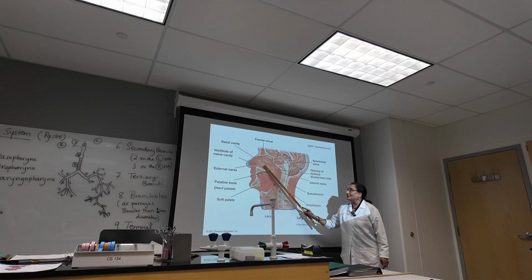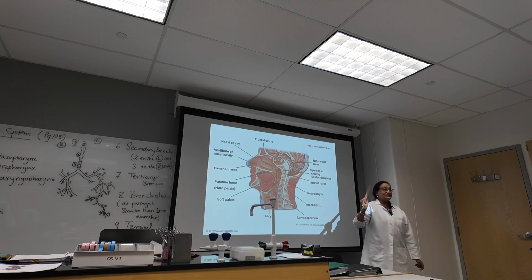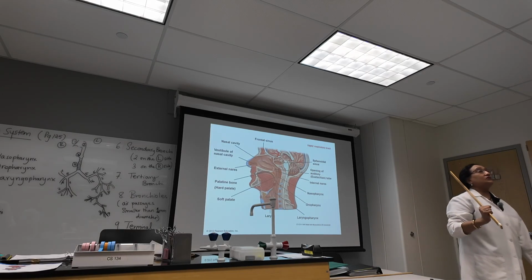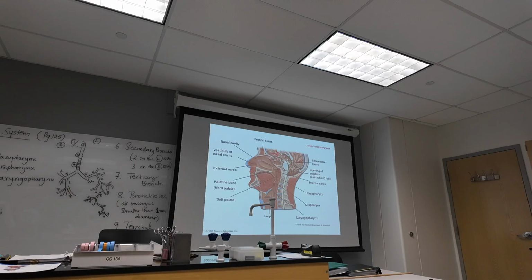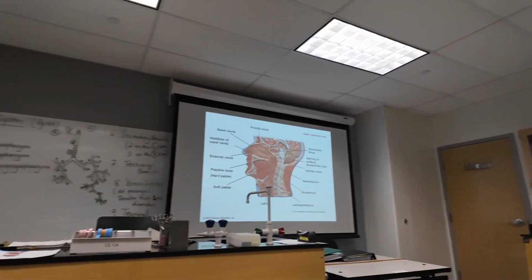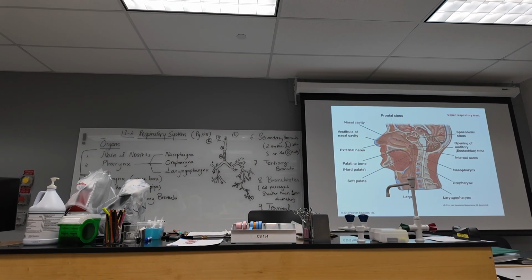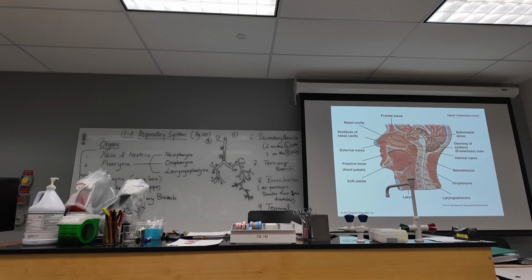No time for that. Okay, what is the function of the nose? It's the first passageway. Warm the air and also add moisture to it. The lining of the nose is basically pseudostratified ciliated columnar epithelium with lots of goblet cells.